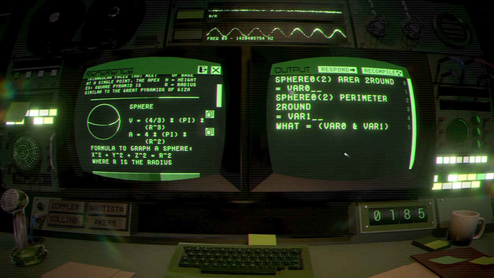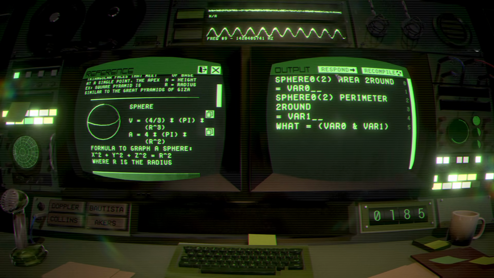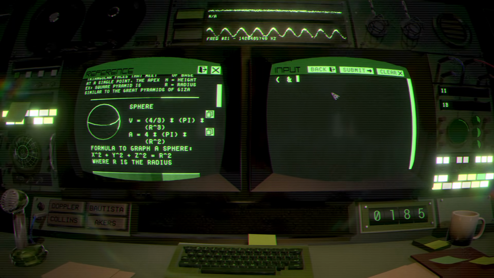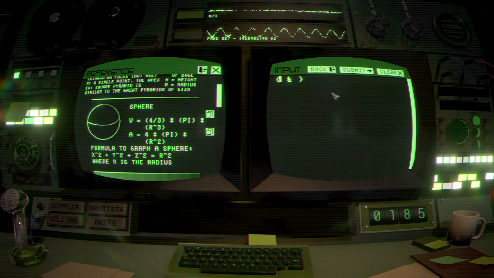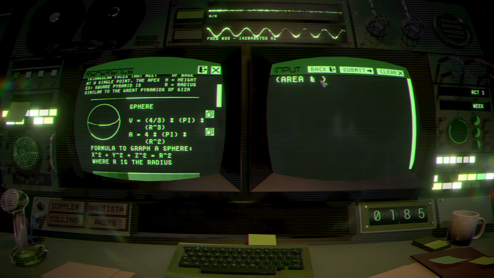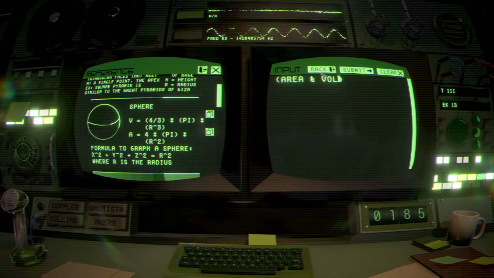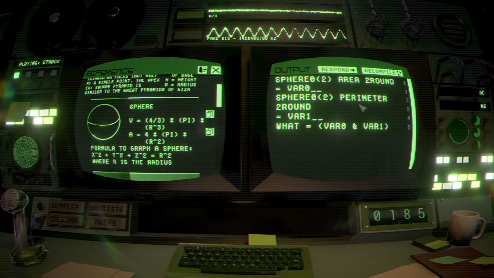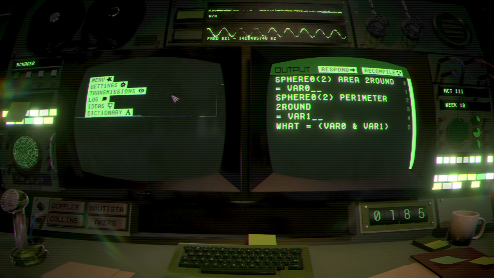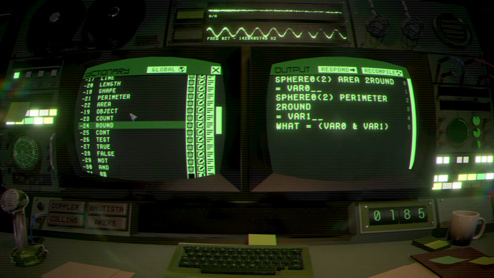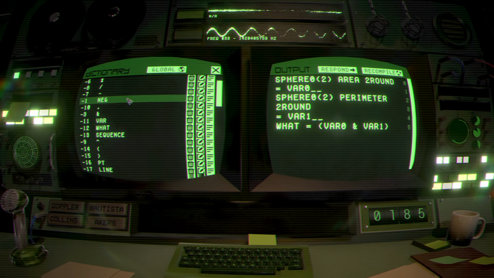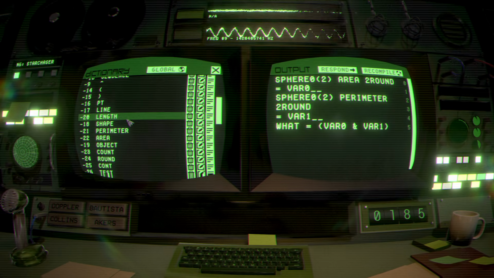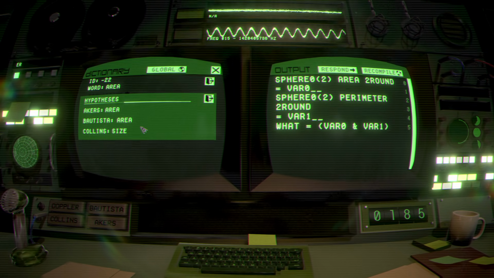First we want the area for variable 0. First one is area, second one is volume. And the names are a little confusing, but it might be strange, I almost want to call perimeter outside and area inside. Does that make sense?